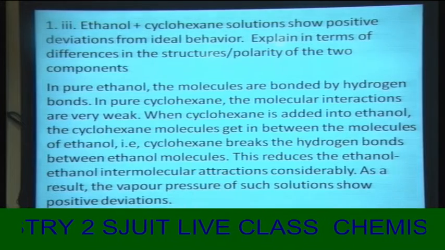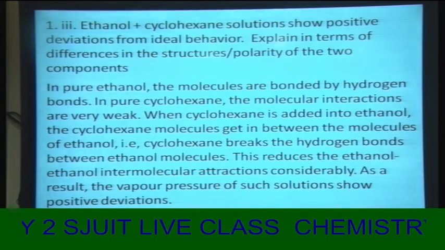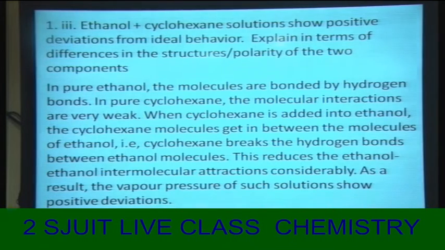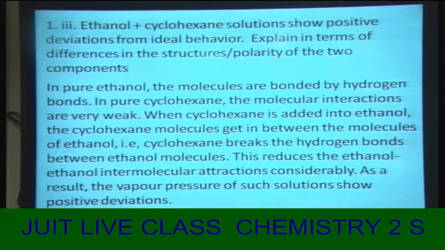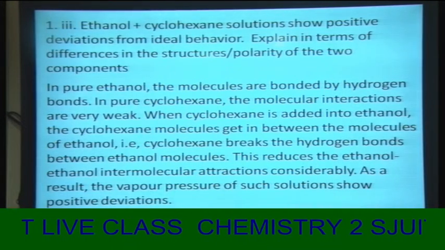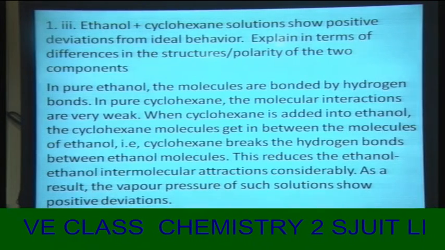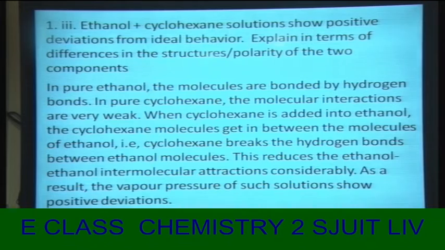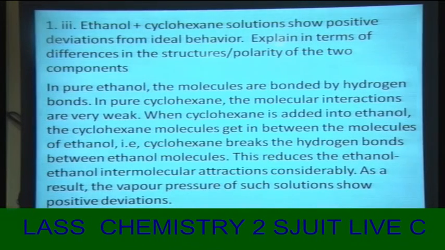In the process of mixing, we see very weak forces from cyclohexane interfering with ethanol interaction. That's why the bonds between ethanol molecules become weak.